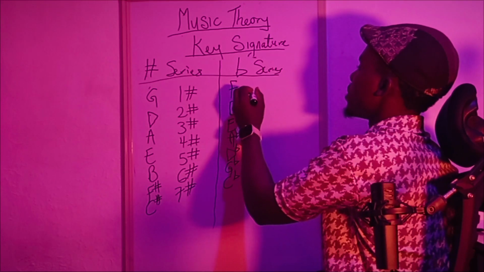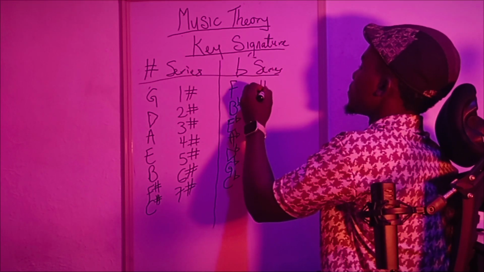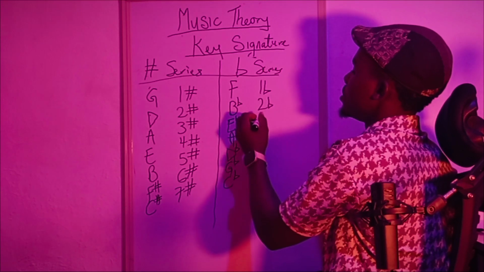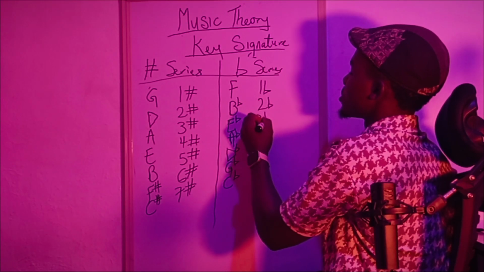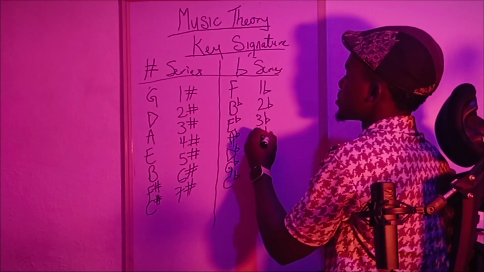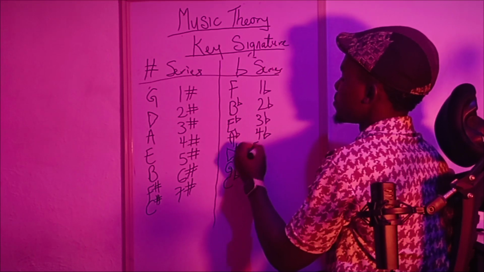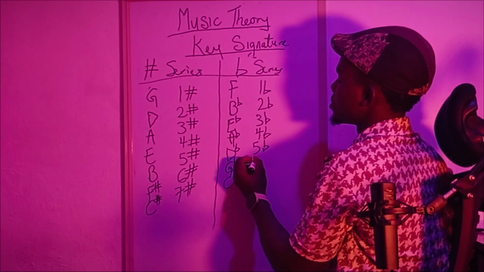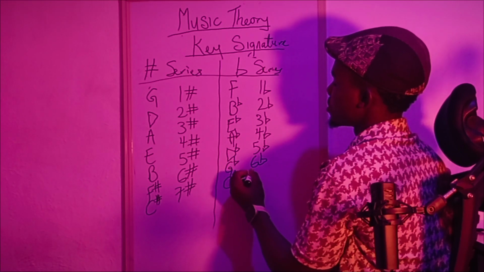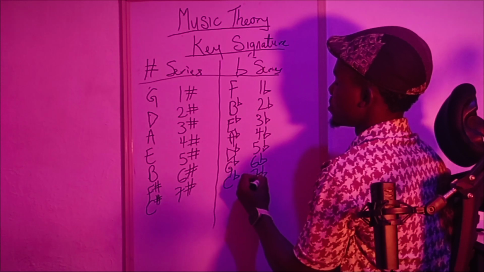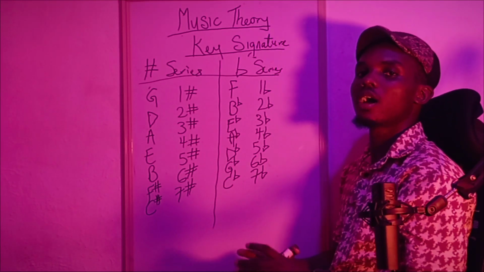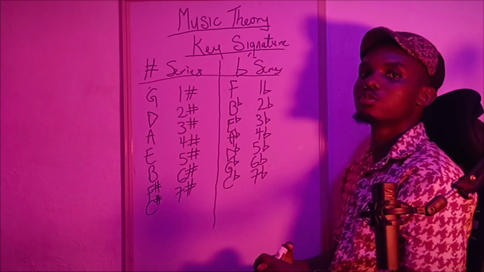Then F has 1 flat, B flat 2 flats, E flat 3 flats, A flat 4 flats, D flat 5 flats, G flat 6 flats and C flat 7 flats. So that is that about that.